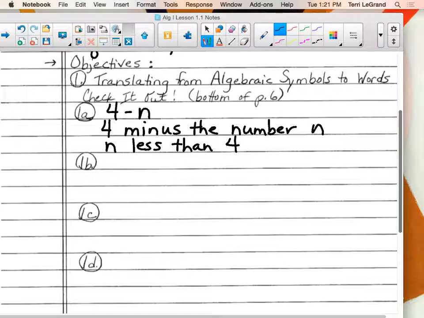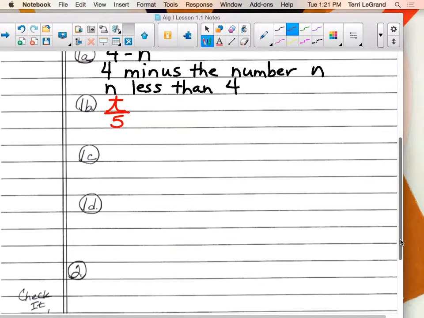1b, what's our algebraic expression? Let me see, I will write it down. You can write it down also. What does that, how could we write that in words, in a word phrase? T over 5. T over 5, okay. And we know that when we see the word over, we have to do what? Divide, okay, give me another one.